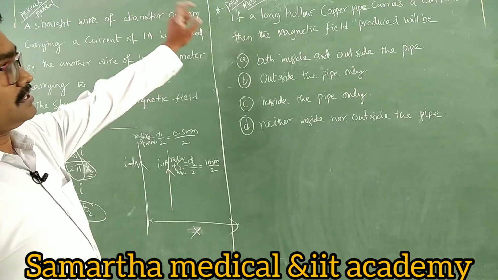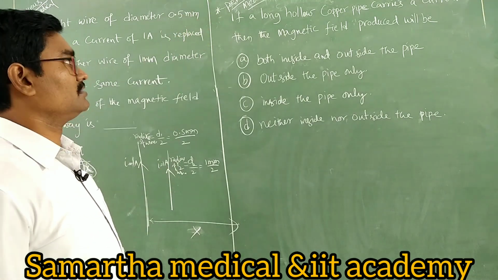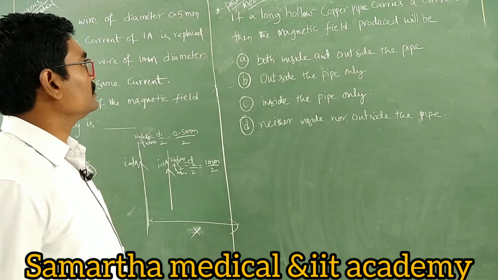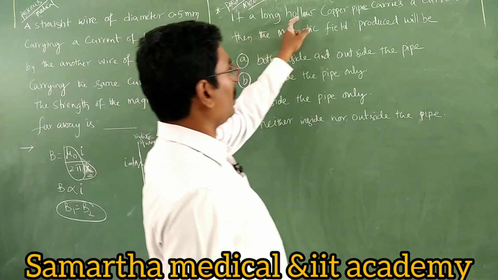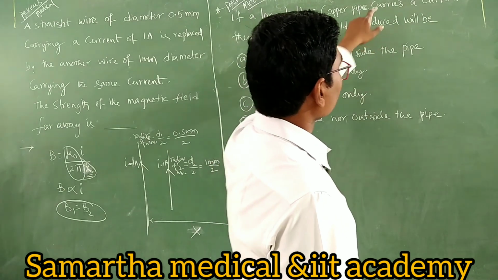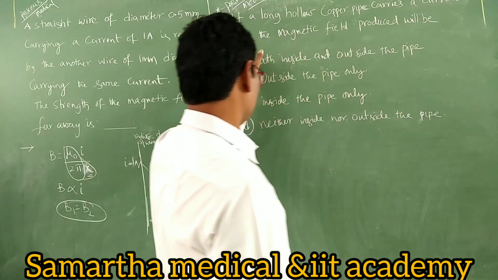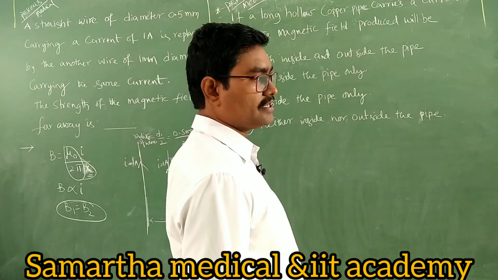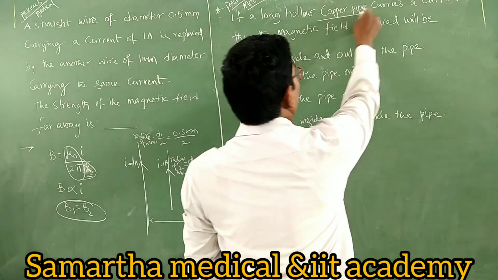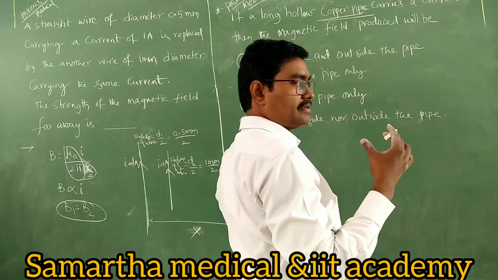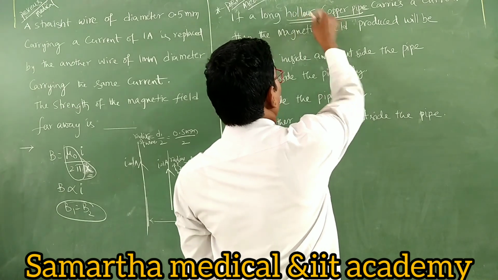See, one more previous year question asked was based on Ampere's circuit law. If a long hollow copper pipe carries a current, then what will the magnetic field produced be?